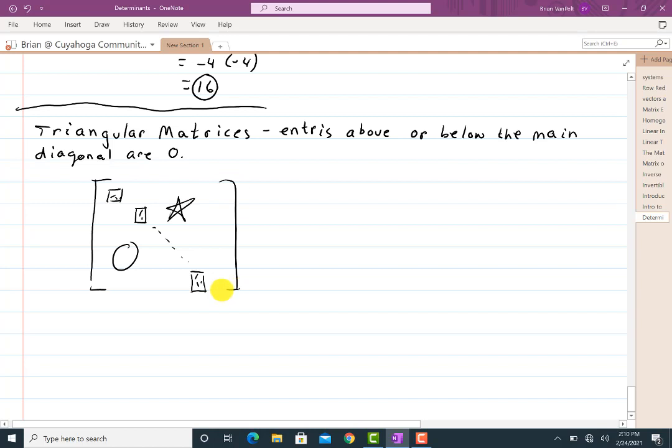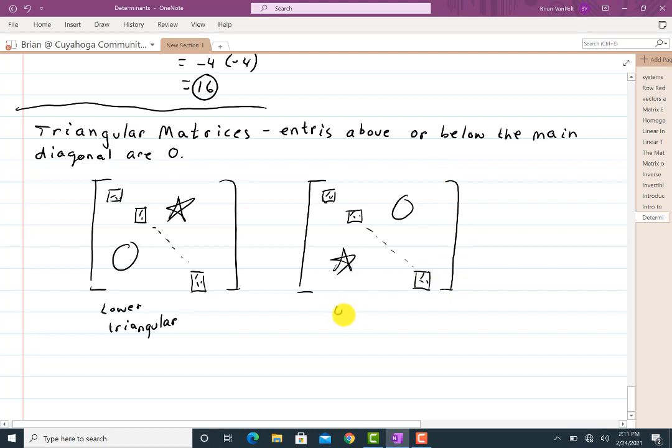So this would be referred to as a lower triangular matrix. Or we could have what would be known as an upper triangular. Here we would have stuff down below there, but then we would have a 0 up there. I think about it, I may have upper and lower backwards, but it really doesn't matter.